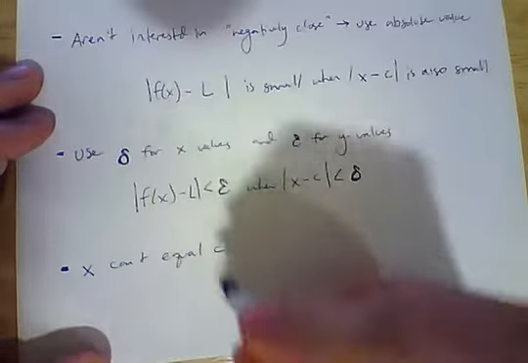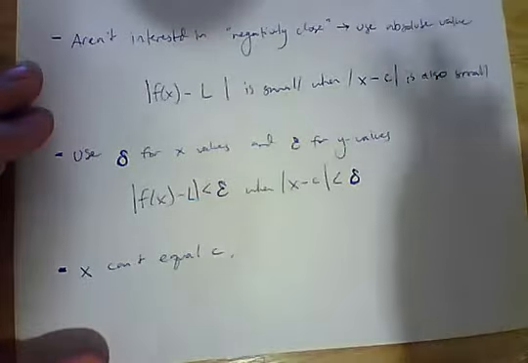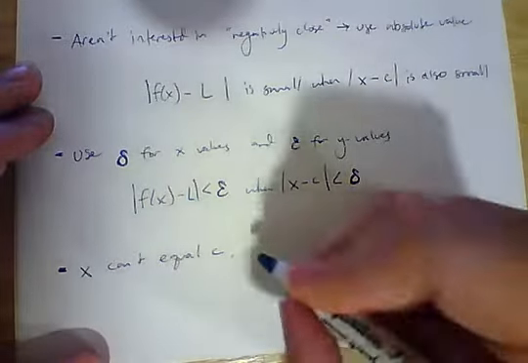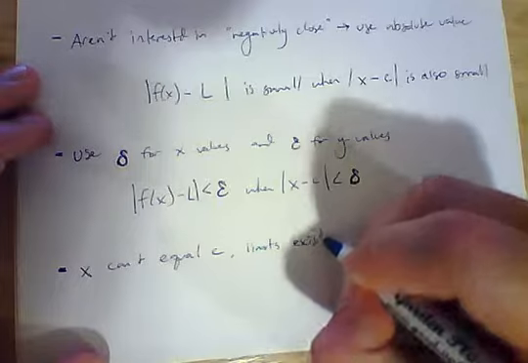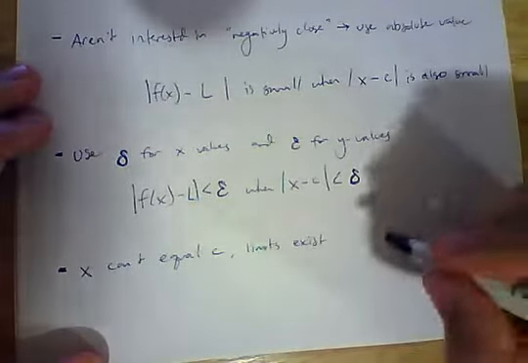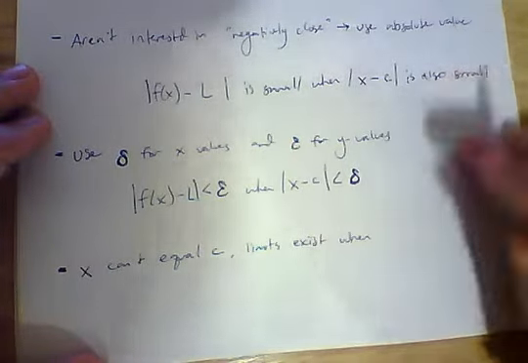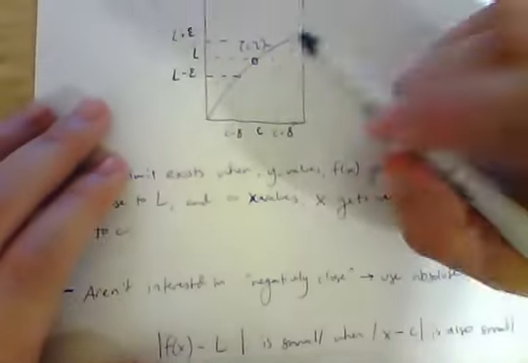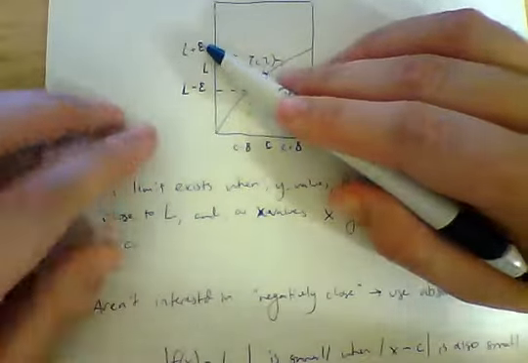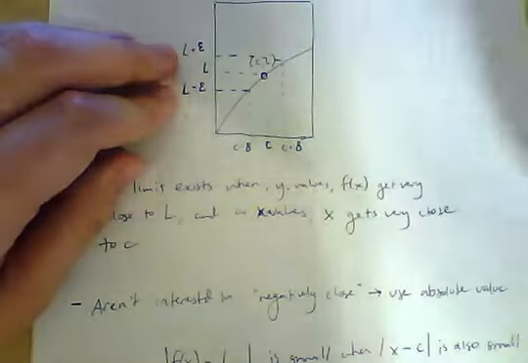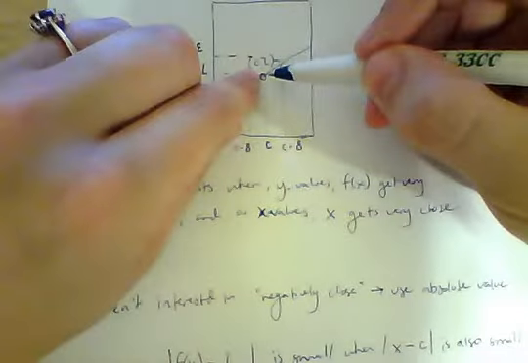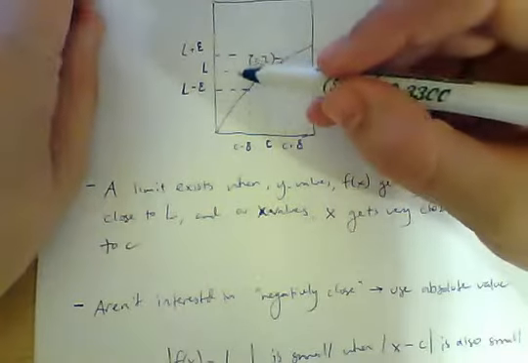And we know that the limits will only exist when we can have these epsilons and these deltas in the first place, correct? Again, it does us no good to be exactly on that point. We need to have some approximation room.